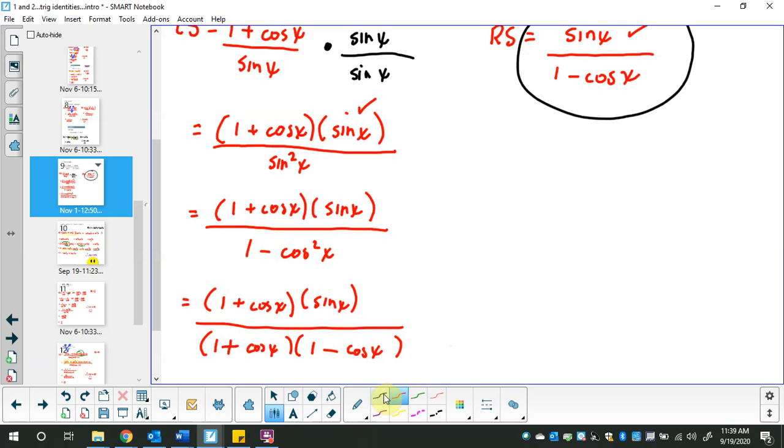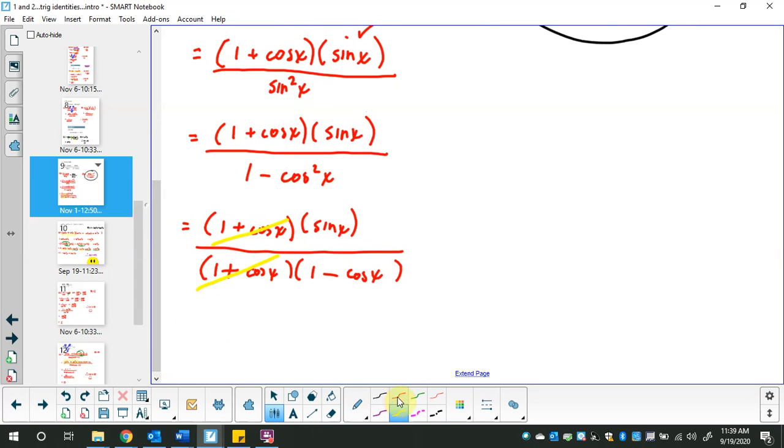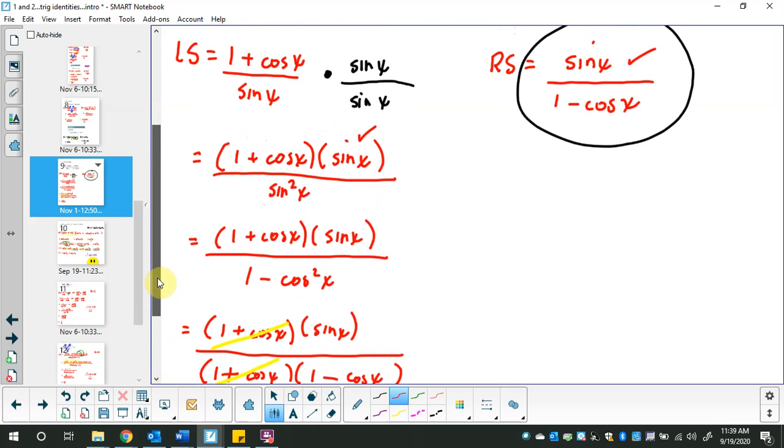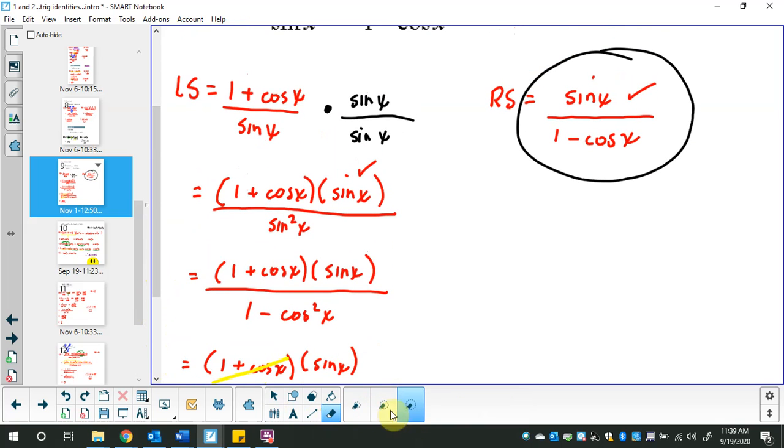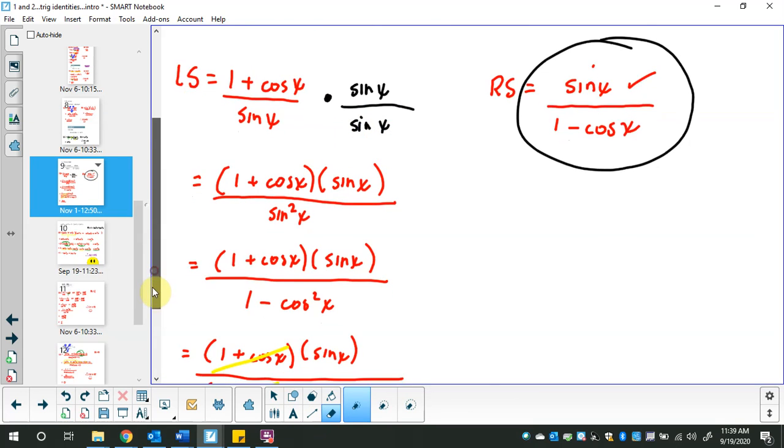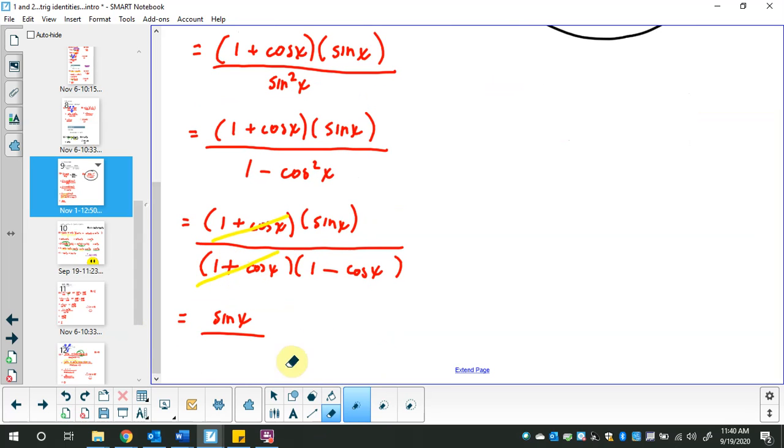And the beauty of that is that here is a 1 plus cos x on the bottom being multiplied, and here is a 1 plus cos x on the top being multiplied. So what we end up with is a sine x on the top, which I realize way back at the very beginning I forced into place with this. On the bottom, I no longer have 2 pieces of information or 2 brackets.